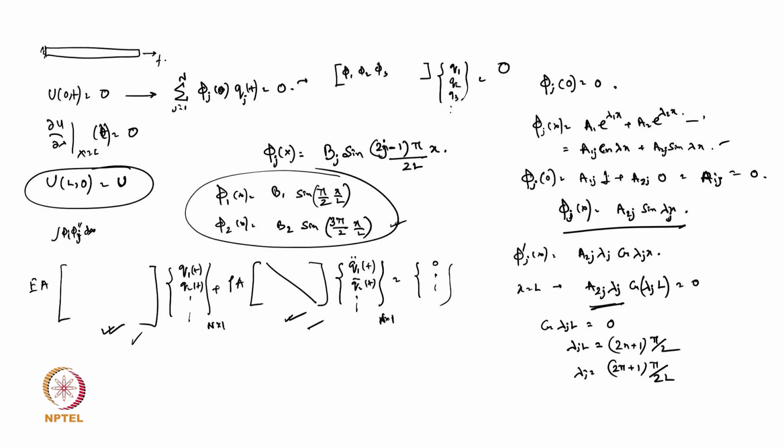This will also become n cross 1, because the number of modes can be anything. We are not restricting ourselves; whatever the value of n, you can put it and we will get that.